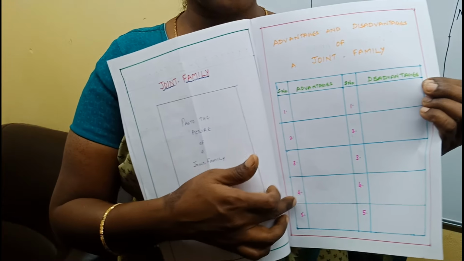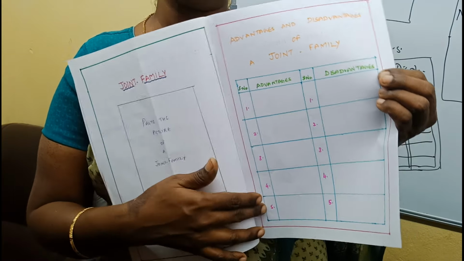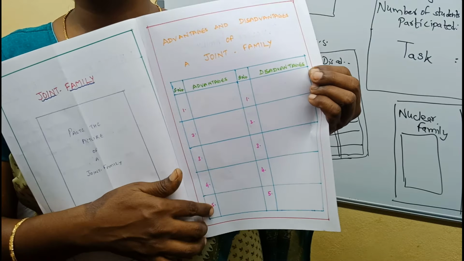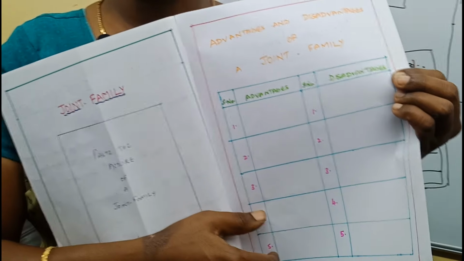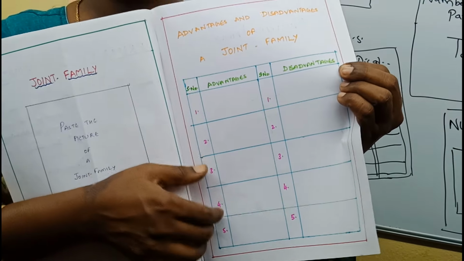Okay, and make the tabular column this way. And how many points you have made, you make that many rows. If you have jotted down only 4 points, make only 4 rows, but divide them equally. Okay, so because I have 5 points, I have made 5 rows.